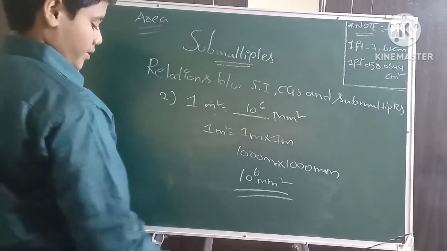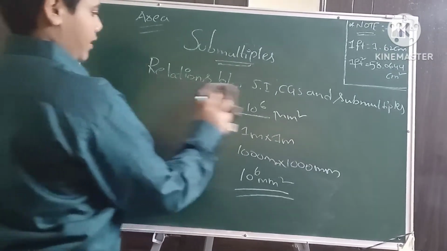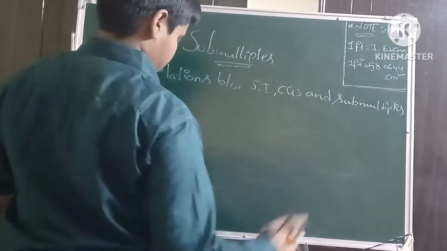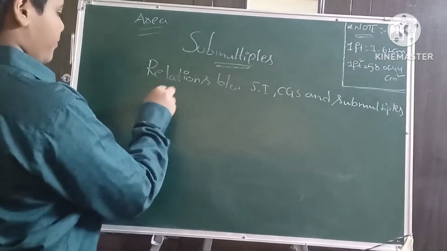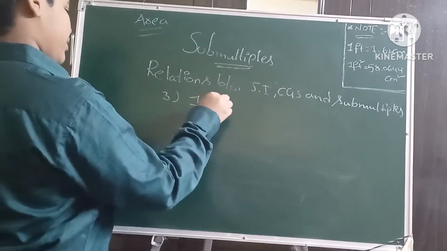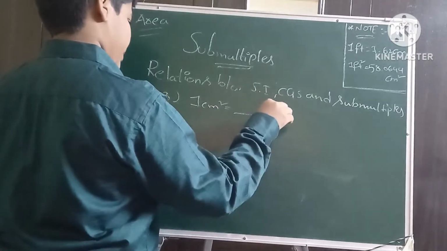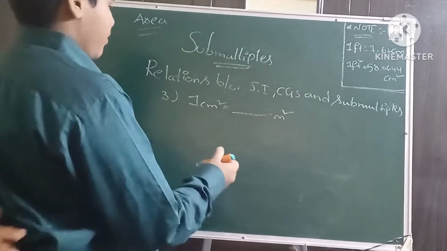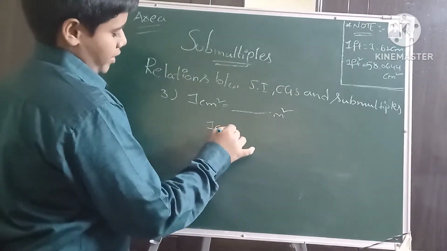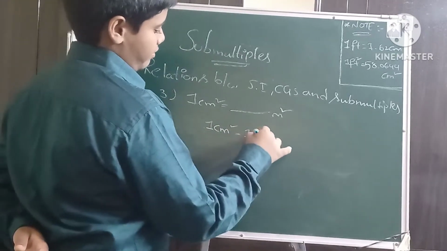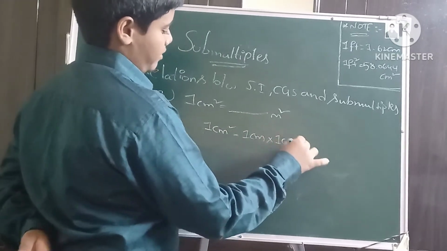And the third relation: 1 centimeter square is equal to dash meter square. Same process: 1 centimeter square is 1 centimeter into 1 centimeter.